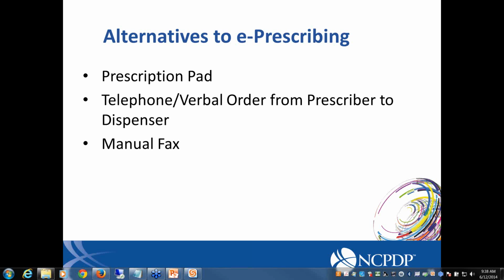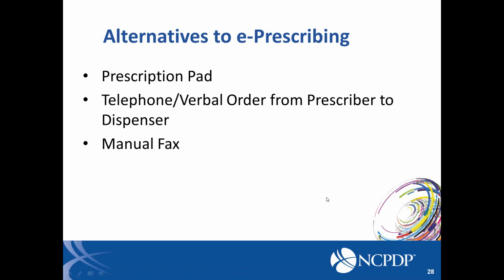These are some of the ways that are happening today in long-term care. I've just noted that when November 1st rolls around, manual faxing of a prescription is not going to be allowed as an electronic form. But these are alternatives to e-prescribing, and will still be allowed.